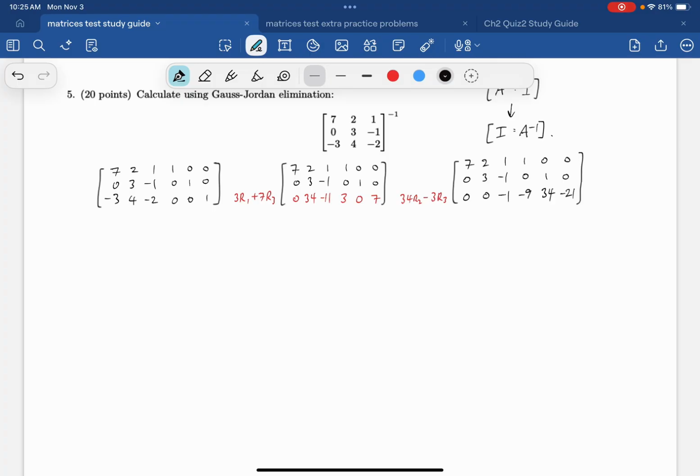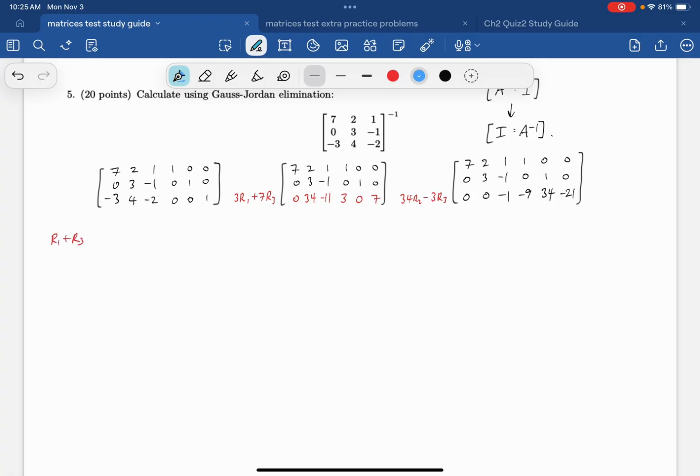Okay. Then next step, I need to get rid of this 1 and this negative 1 here. So I'm going to do that by combining with the third row, because that has a lot of zeros already. So I'm going to change the first row to R1 plus R3.